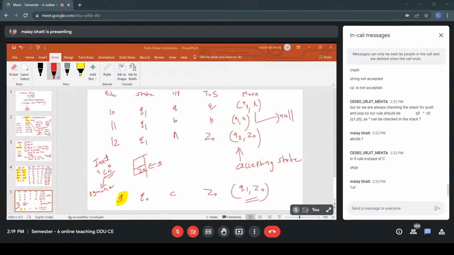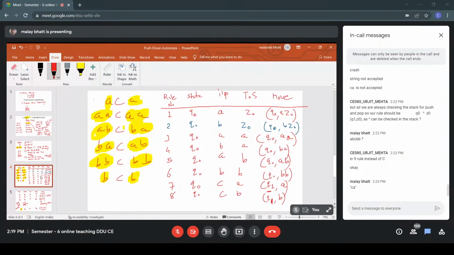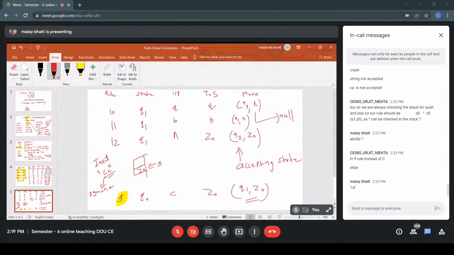They are applicable when the input is A or B. Rules 3, 4, 5, 6 are applicable when we have a push operation. 7 and 8 are the ignore operations. So here only rule number 9 is applicable.